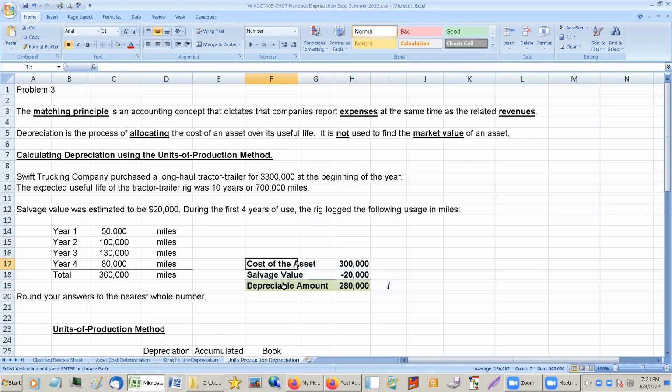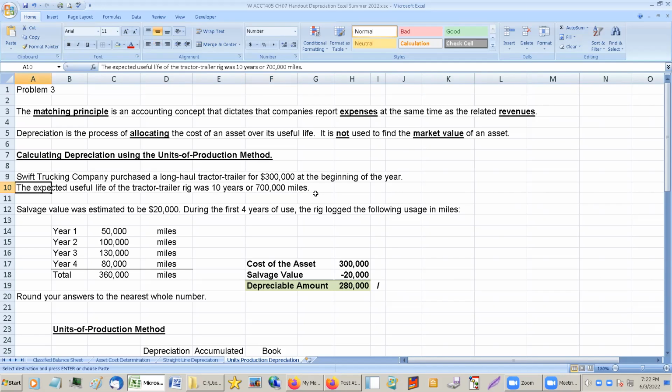So this is all kind of the same as we had on the previous page, but instead of depreciating it over 10 years, we're going to depreciate it over the units of production, in this case 700,000 miles. So this trucking company is going to use this tractor trailer for 700,000 miles.